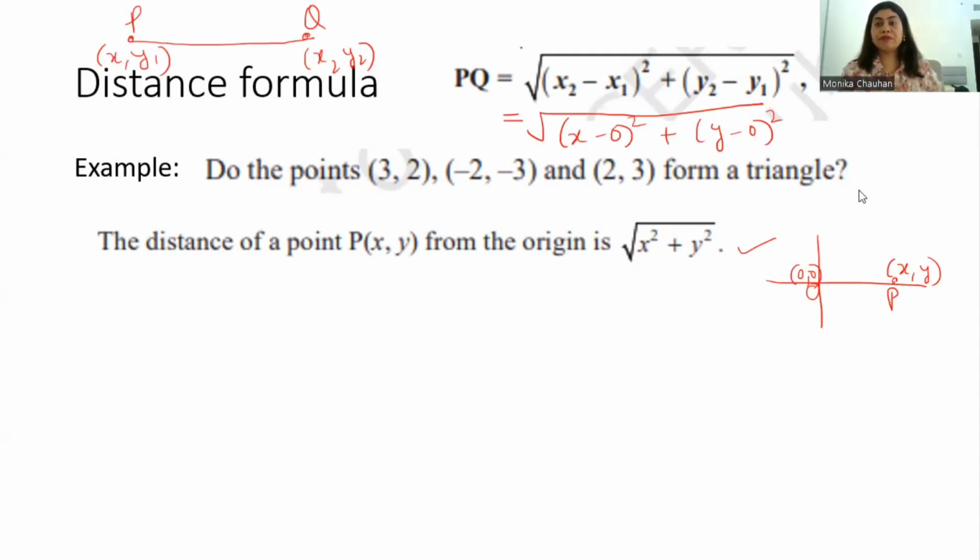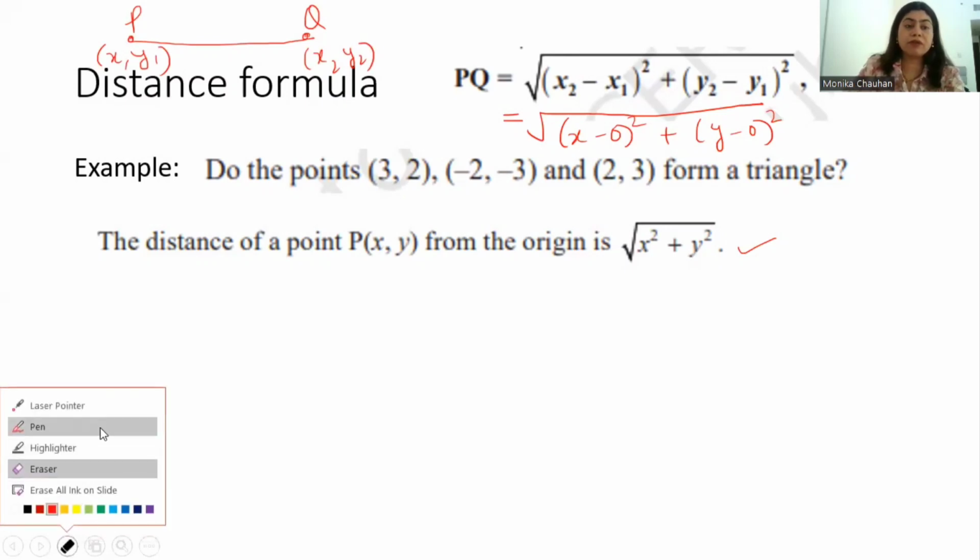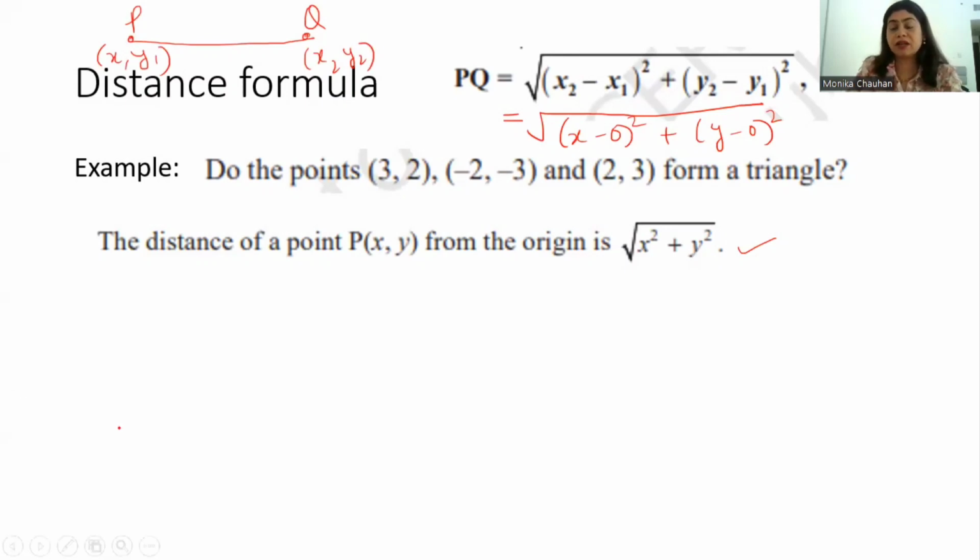Now, do you remember all the things you have learned in seventh, eighth, and ninth, or in middle school, the properties of rectangle, triangle, and all of them? That's very easy to understand.